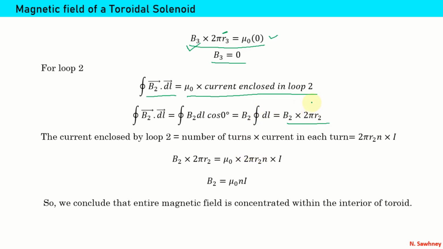The right hand side, in which we are talking about the current enclosed in loop 2, can be calculated from the number of turns in this loop and the current in each turn, because in this loop the current is passing once through each turn, so it will be 2 pi R2 n into I. Putting back in the Ampere's circuital law equation, we have obtained B2 is equal to mu naught n I. We conclude that the entire magnetic field is concentrated within the interior of the toroid, and at the exterior points there is no magnetic field.